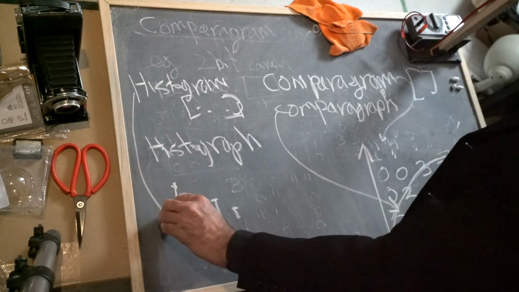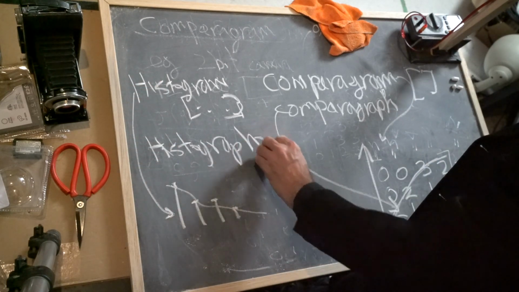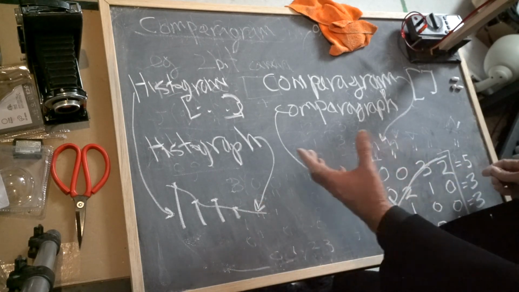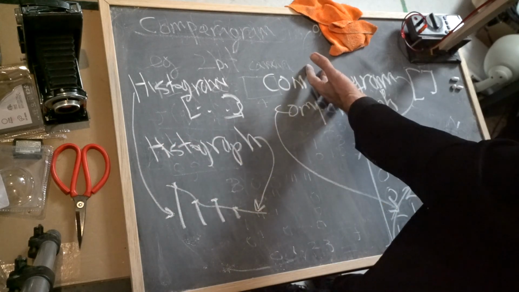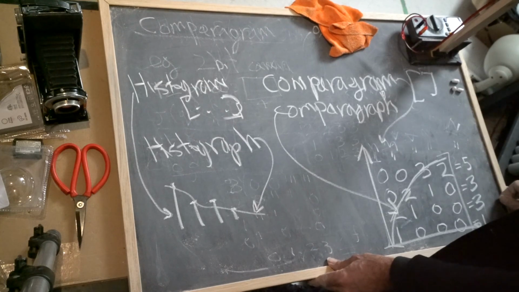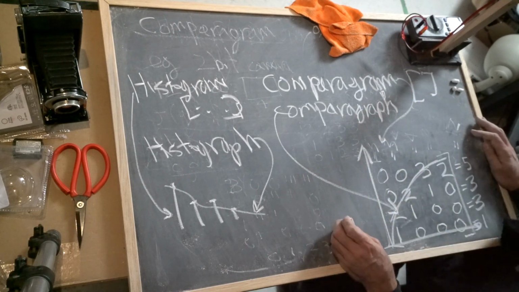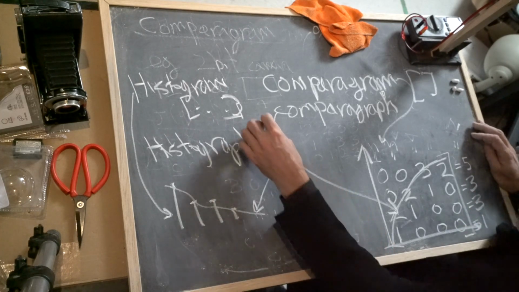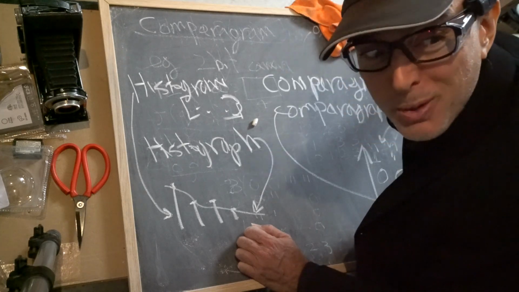That's your histogram. And your histograph is whatever smooth function passes through those points, the underlying function. So now we've got some terminology: histogram, histograph, comparagram, comparagraph. So now we have the tools we need in order to understand comparametric equations and have fun. So we're looking forward to having fun and learning some more about this.